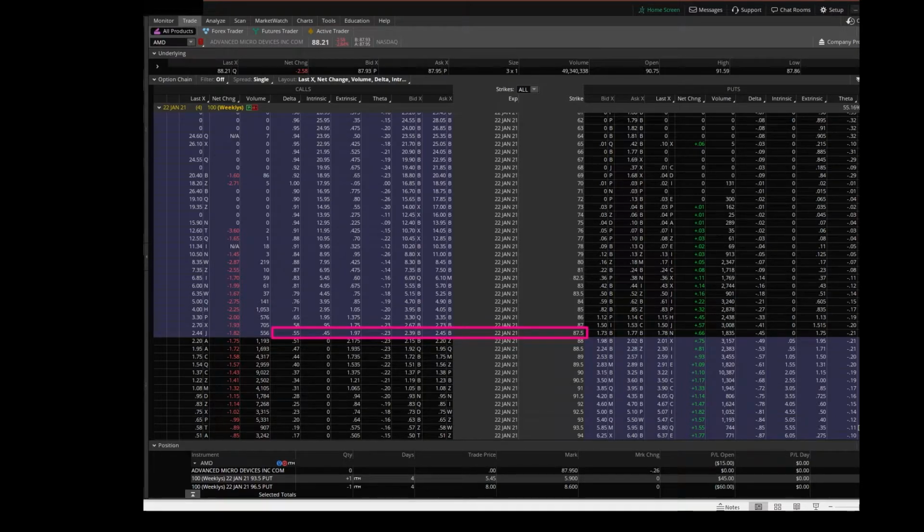Notice first that for this strike, when you add together the intrinsic and the extrinsic value of this option, here we have the intrinsic and extrinsic. When you add these together, you get 242.